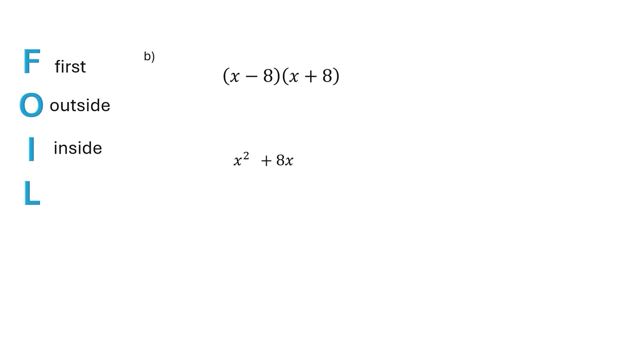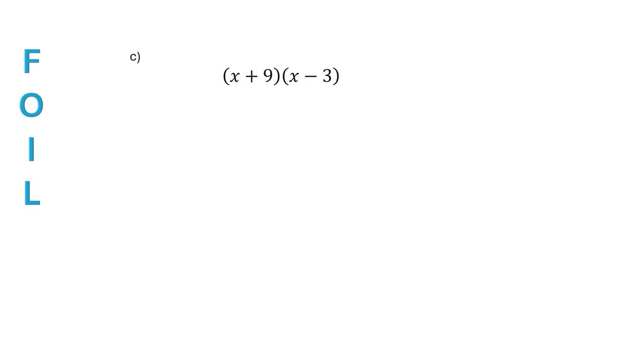Inside terms, negative 8 times x, gives us negative 8x. And our last terms, negative 8 times positive 8, gives us negative 64. Our like terms of positive 8x and negative 8x cancel out, and we're left with x squared minus 64.